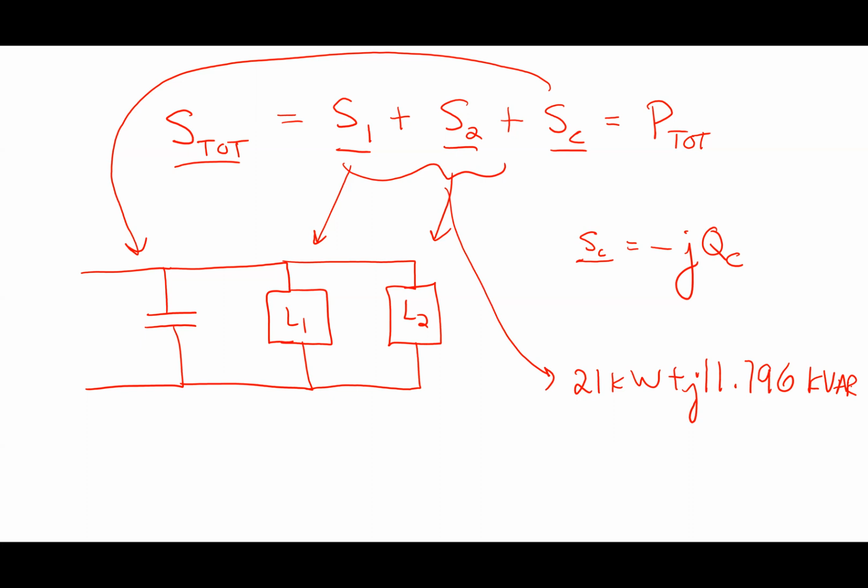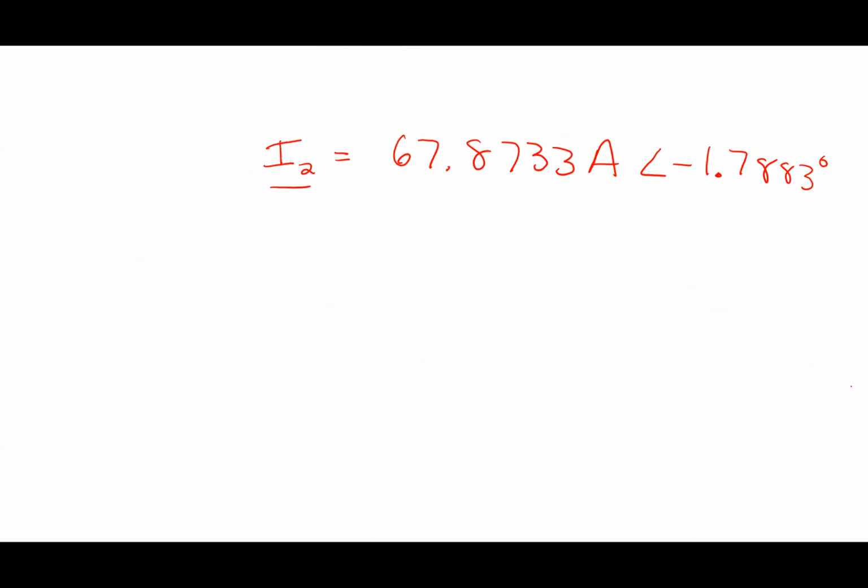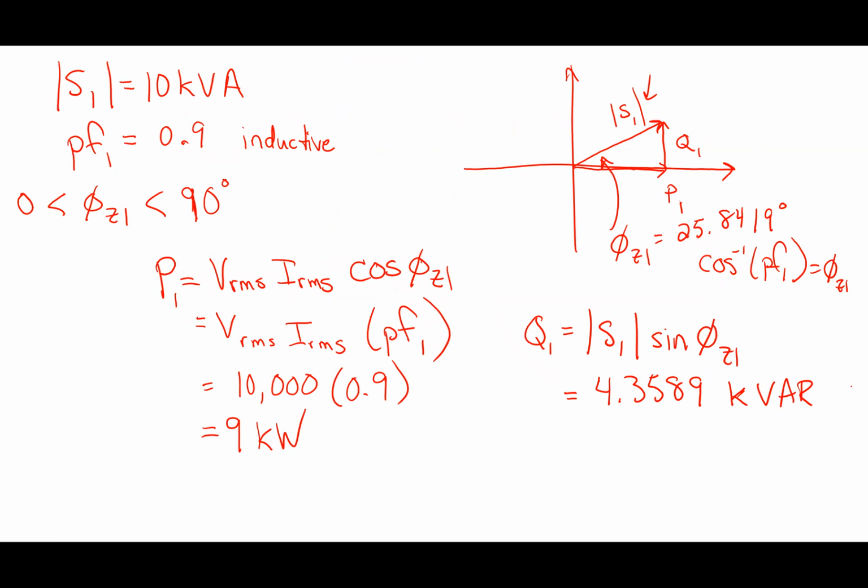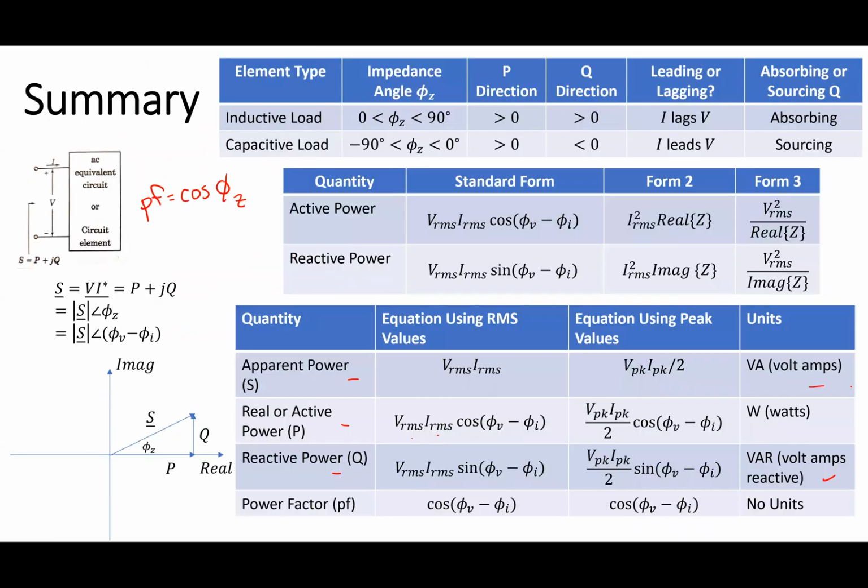Now, to relate that to a capacitor value, I go back to a formula that I never bother deriving. Basically, all 3 of these reactive powers are equal to each other, right?